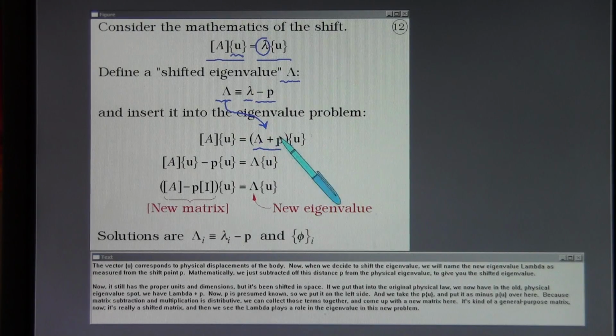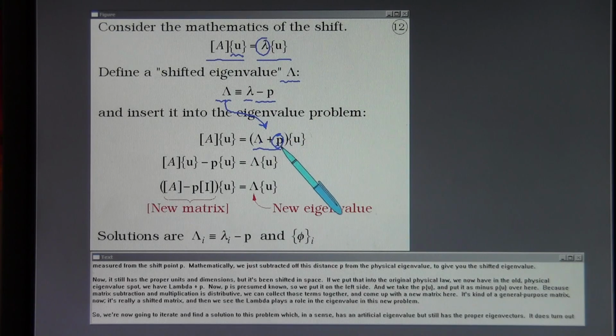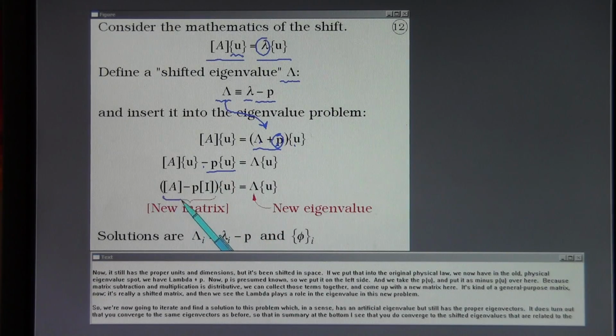Now p is presumed known, so we'll put it on the left side, and we take the product pu and put it as minus pu over here. Because matrix subtraction and multiplication is distributive, we can collect those terms together and come up with a new matrix here. It's kind of a general purpose matrix now. It's really a shifted matrix.